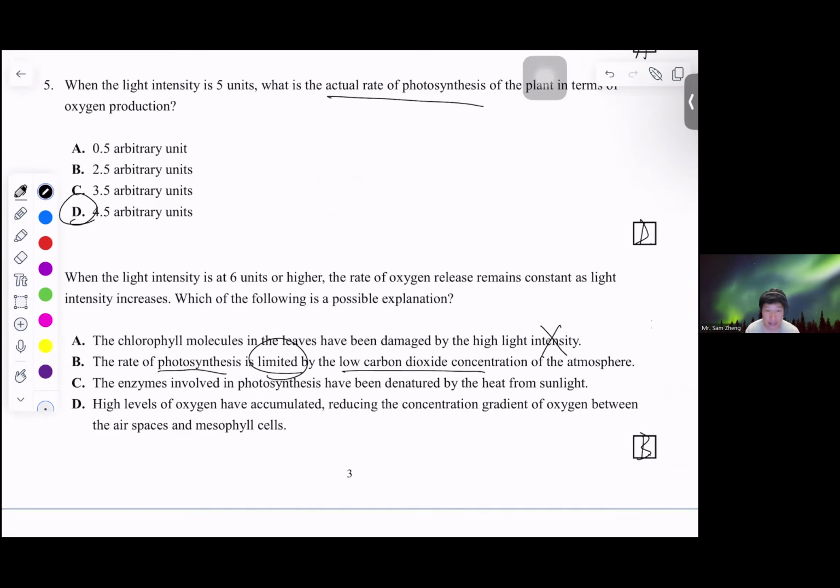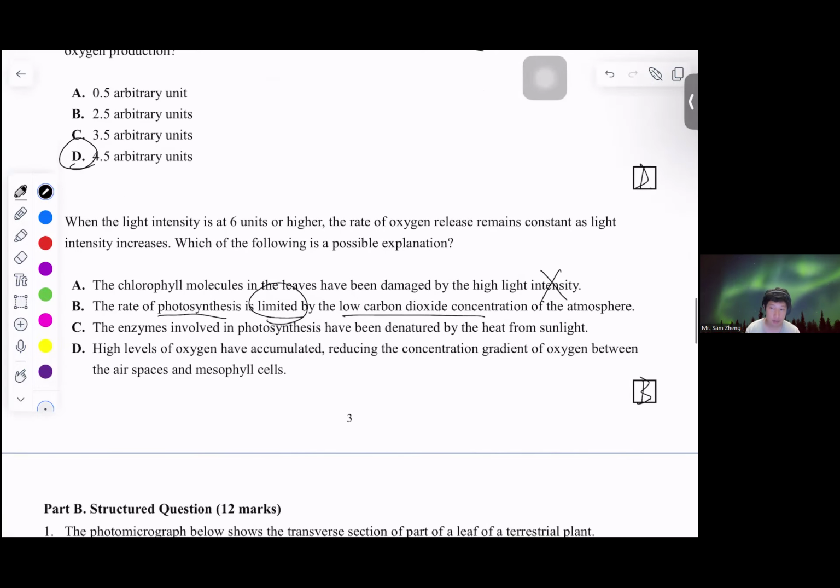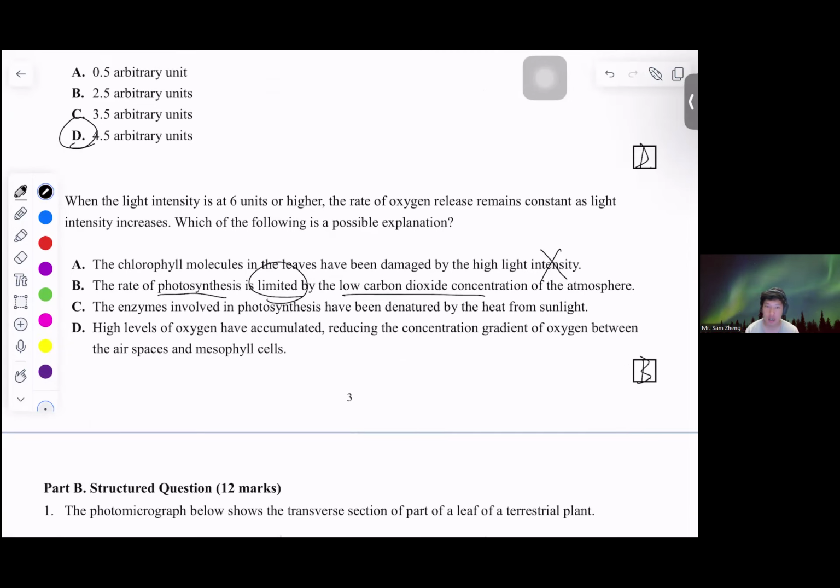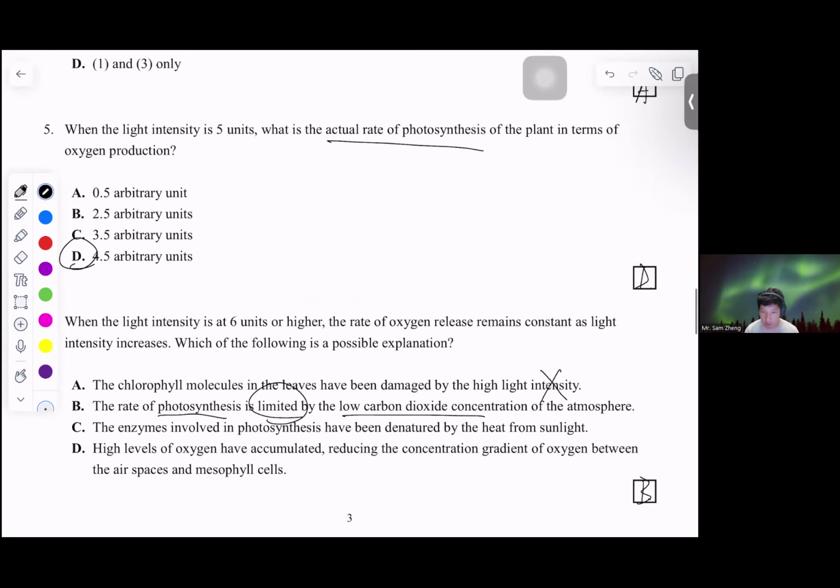As there are other things, you may ask a question: why is it not denaturation? Isn't there very high heat, I mean the temperature, if the light intensity is very high? Yes, it is. But you can think in this way.